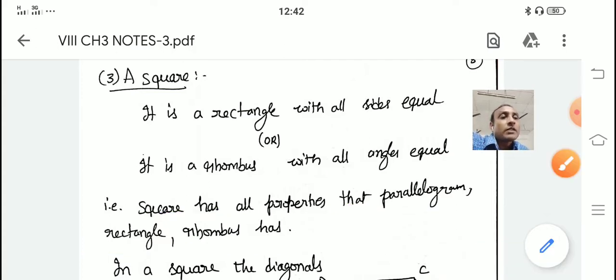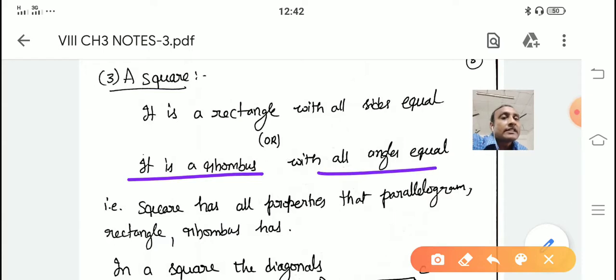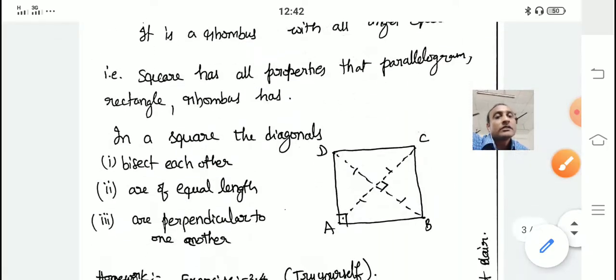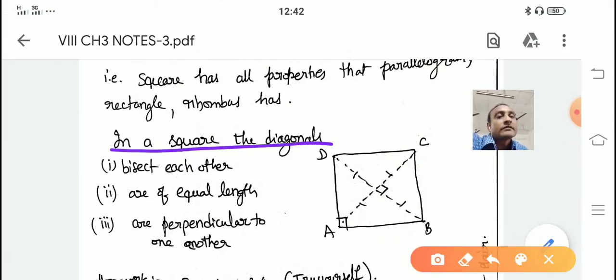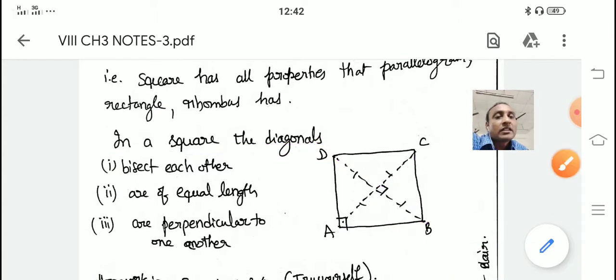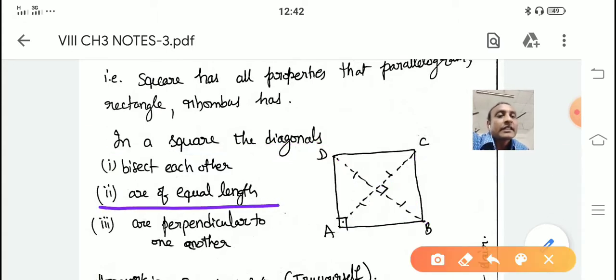Square is a rhombus with all angles equal, or square is a rectangle with all sides equal. Understood? In a square, the diagonals bisect each other. See, these segments are equal and they are equal in length.